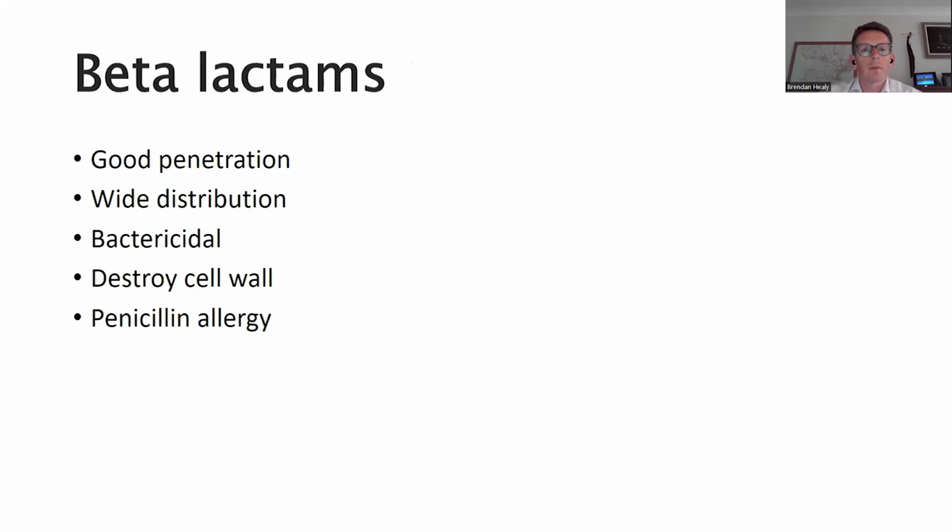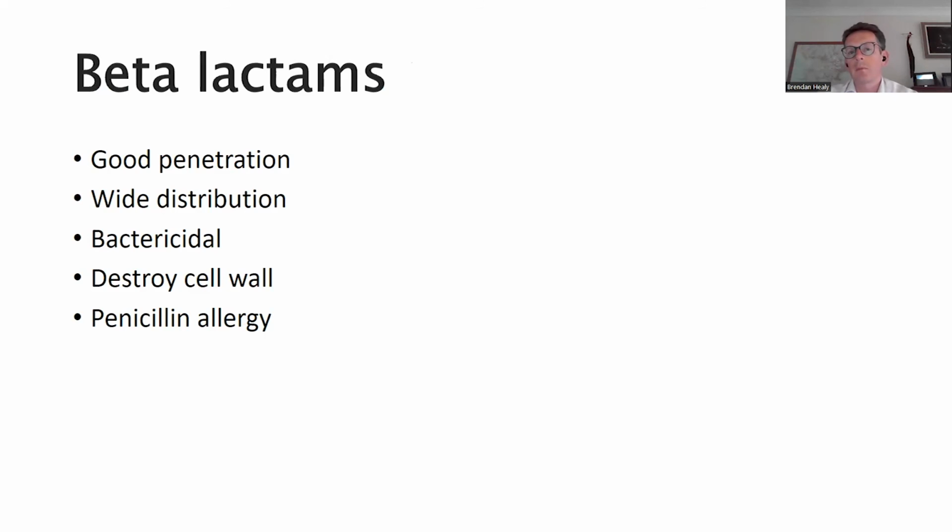A couple of things to just go through the different antibiotics, so how they work and how you might optimize dosing. So beta-lactams, generally we think of them as having good penetration, wide distribution, so they get to most sites of infection. They're bactericidal, they destroy the cell wall, and they're relatively non-toxic, so it's relatively easy to increase the doses or use maximum doses in this setting.